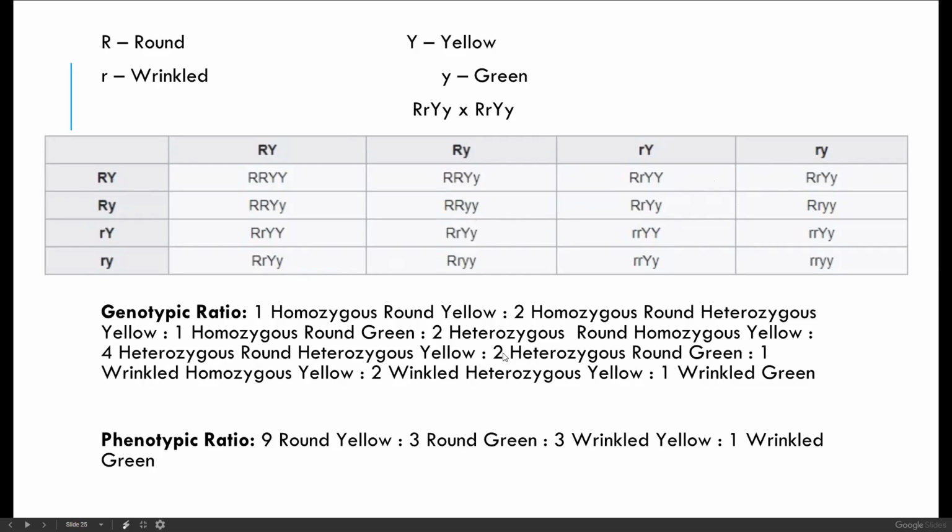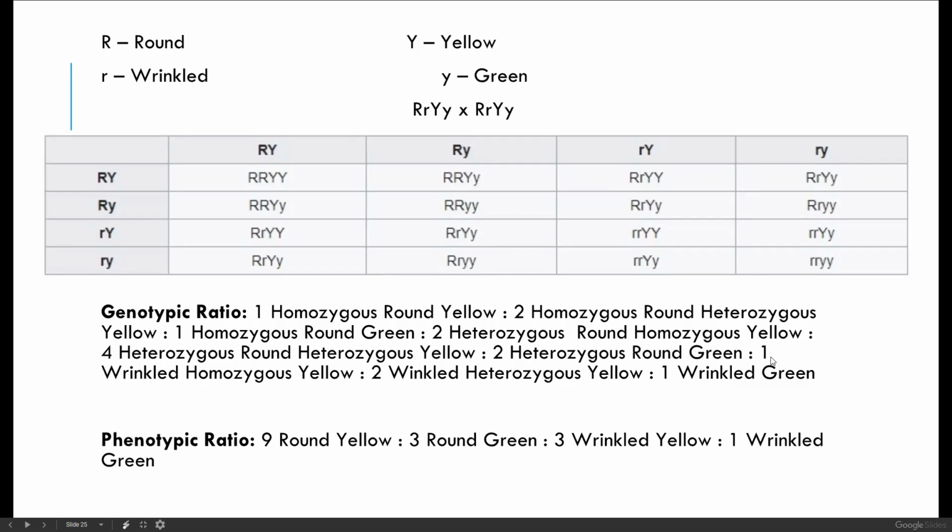Two heterozygous round green. One, okay, because all small letter y is green, right? Where are the others? Two. Can you see it? Yes, sir. Only two.